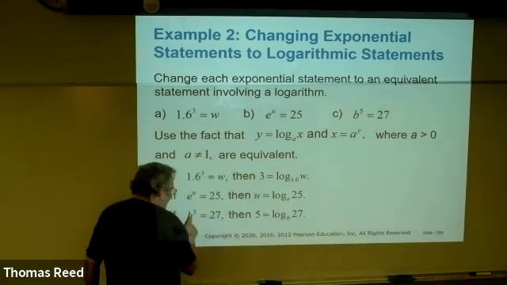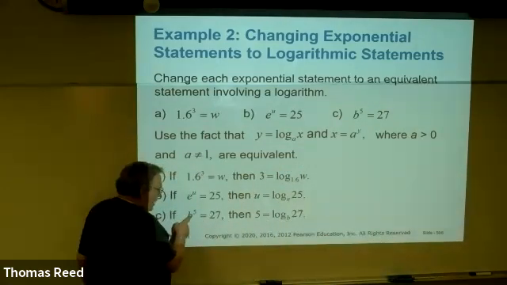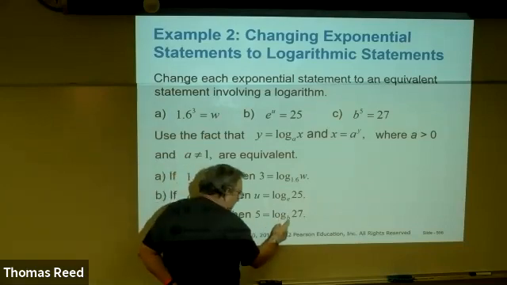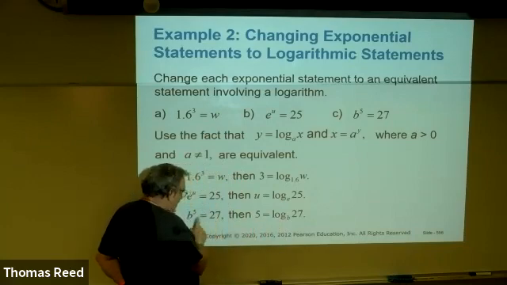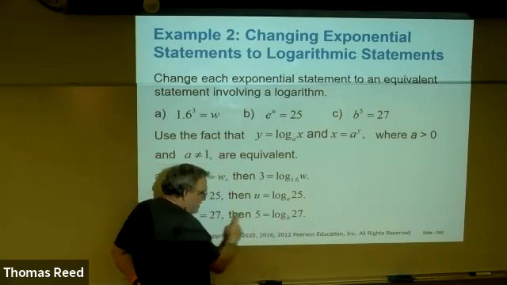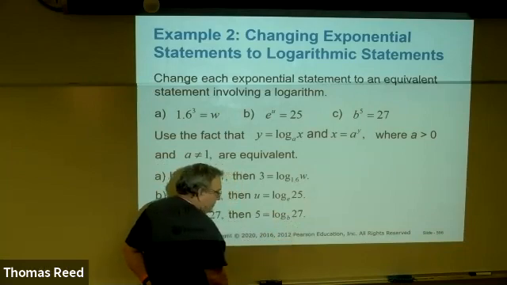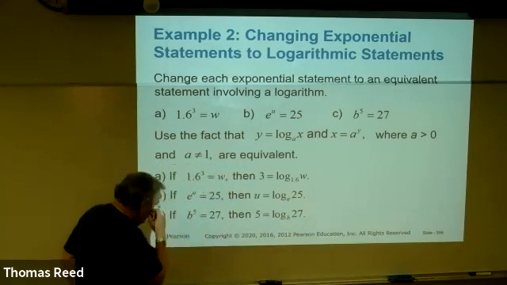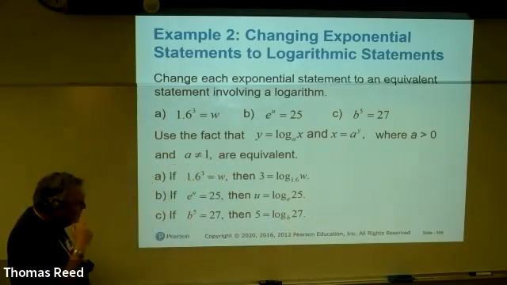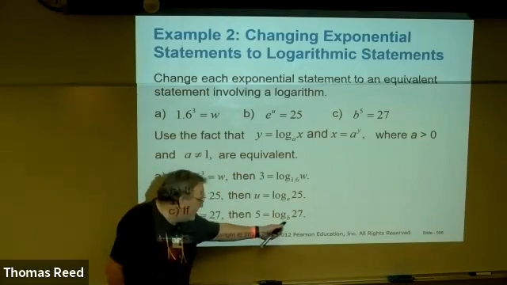So the base is b, and what the logarithm will equal is 5. So the log base b of 27 will equal 5, and the 27 that the exponential equals is the argument of the logarithm. You're switching your x and your y, and your base remains the base.